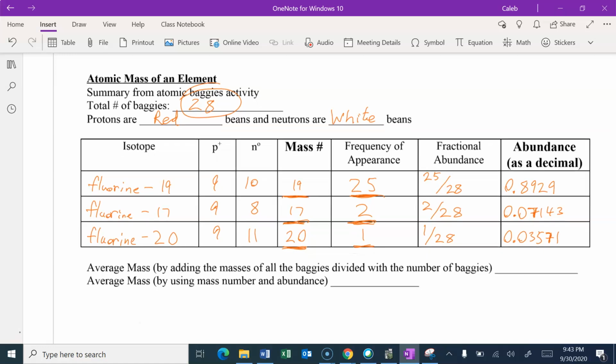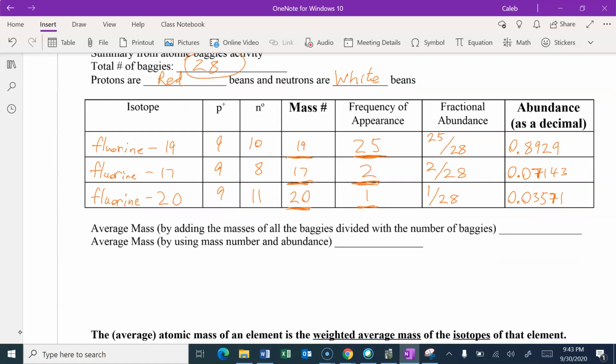So what I would do is 19 times 25. That's going to give me the total number of beans from the ones that had a mass number of 19.